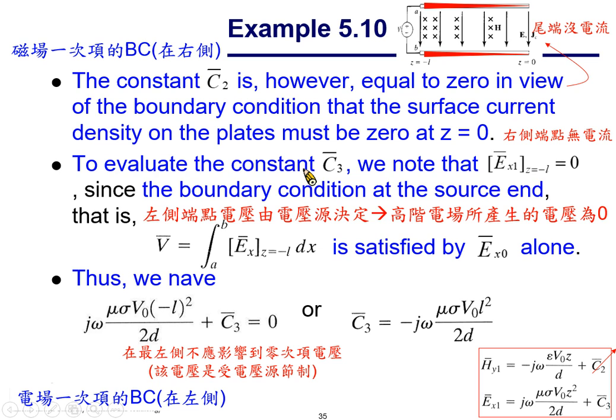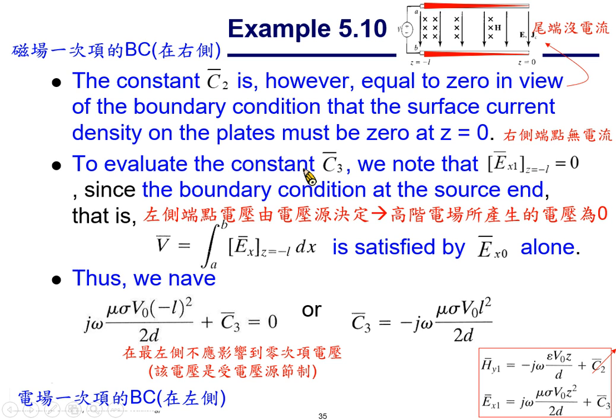And what is the boundary condition on the left-hand side? The boundary condition is that we connect a constant voltage source on the left-hand side. So the voltage across the left-hand side is fixed. It's completely determined by the voltage source.